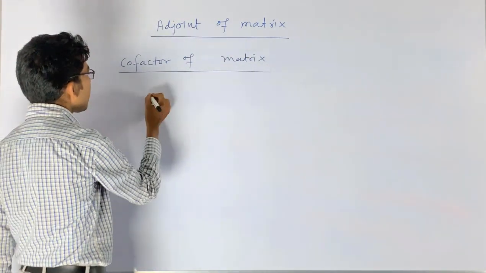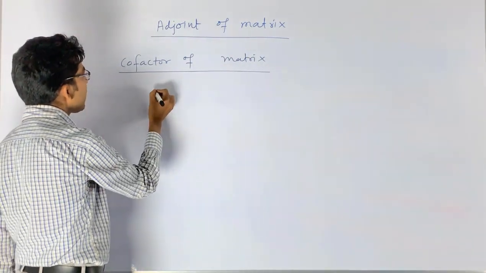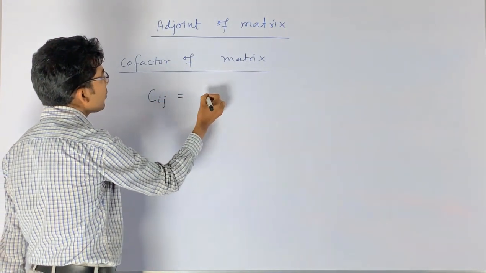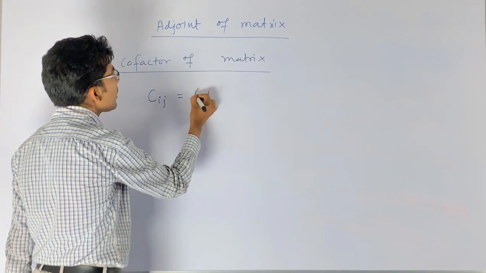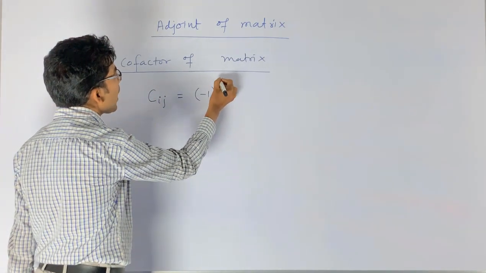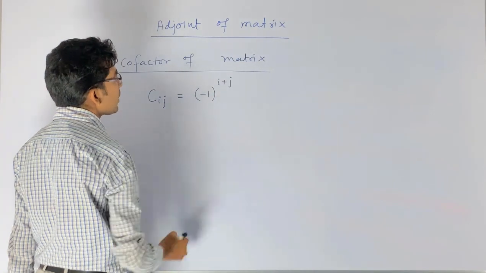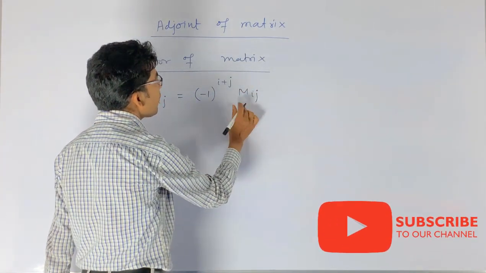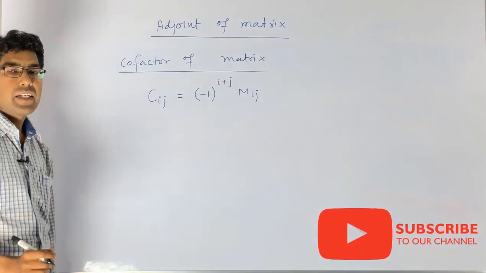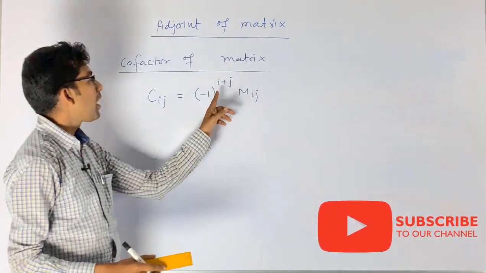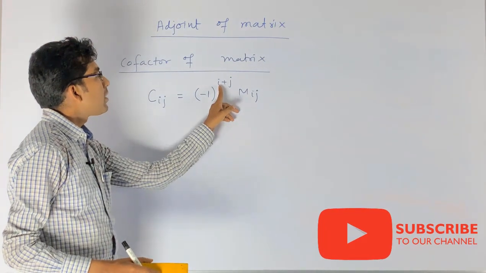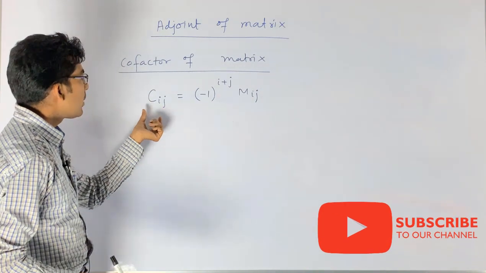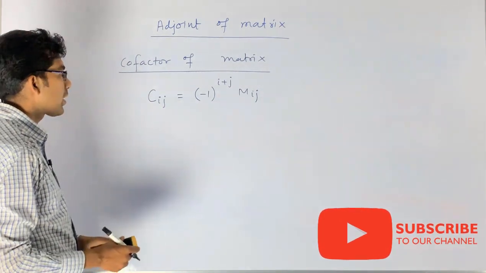So we generally write cofactor by C. So Cij is equal to minus 1 to the power i plus j into Mij, where Mij is the minor, i is the row number and j is the column number. So in this way we can define cofactor.